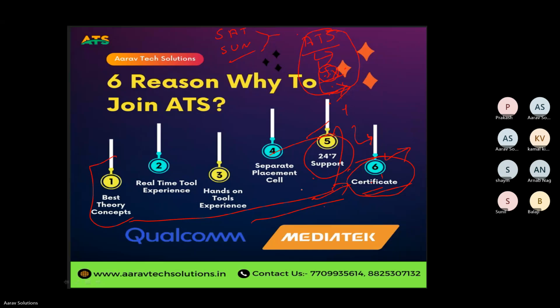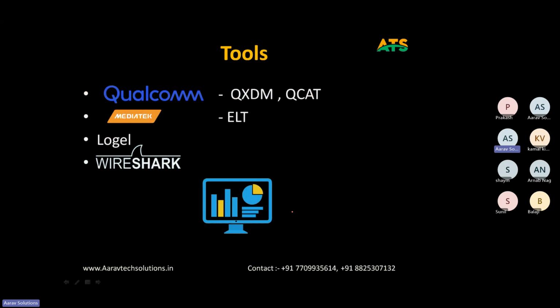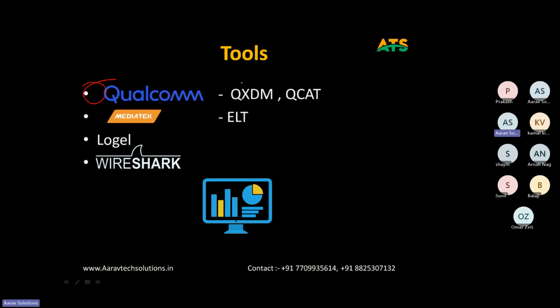Now next we have the tools, what all tools we will show you and use in the training. First, the Qualcomm based tools: QXDM and QCAT. These are proprietary Qualcomm tools which we use for our training.